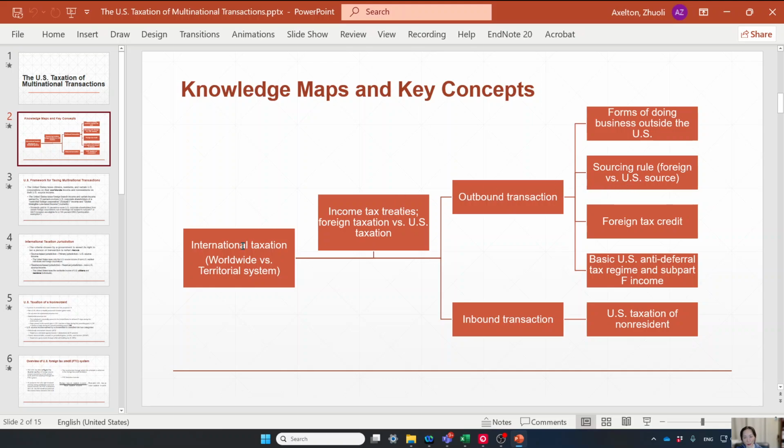Therefore, this worldwide tax system creates a potential double taxation issue, because not only does this U.S. person have to pay tax in the U.S., it also has to pay tax in the foreign country.